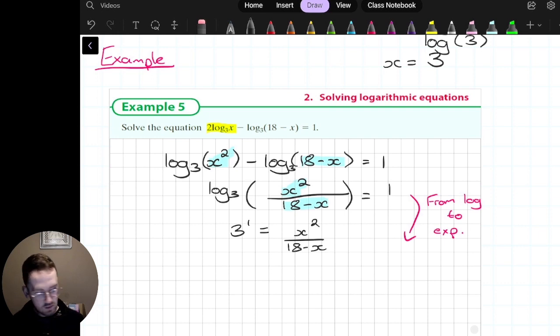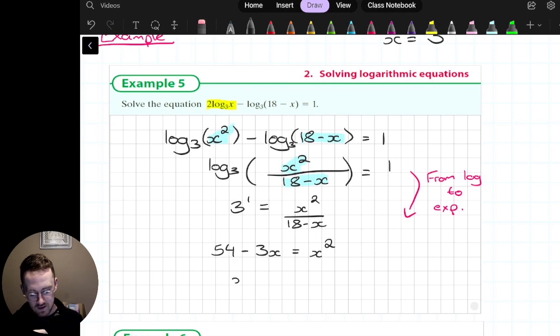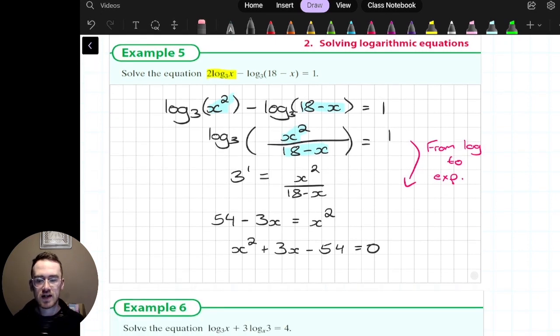We can multiply by that bottom part, so 18 multiplied by 3 is 54. 54 minus 3x is equal to x squared. We can tidy up our question a little bit more, maybe bring everything to the left hand side. X squared plus 3x minus 54 is equal to 0. We're looking for two numbers that multiply to give me 54 but add to give me 3.